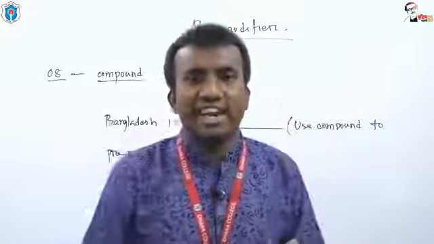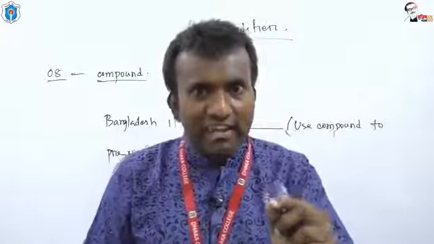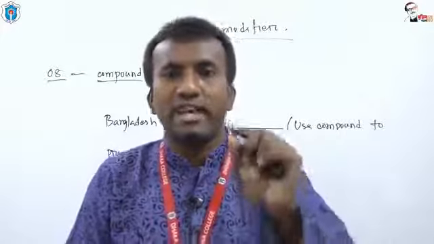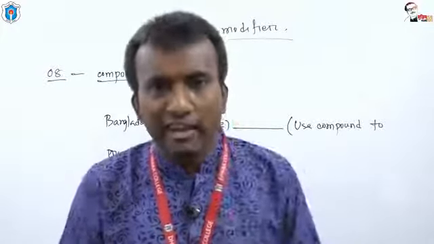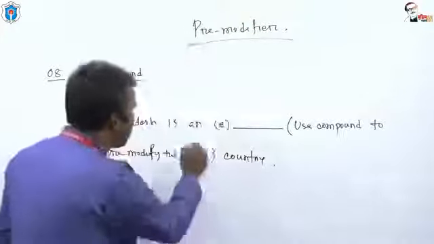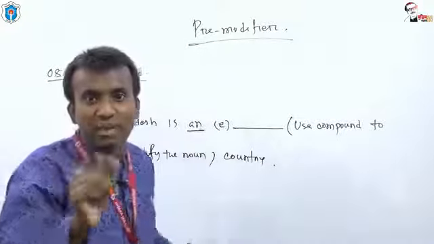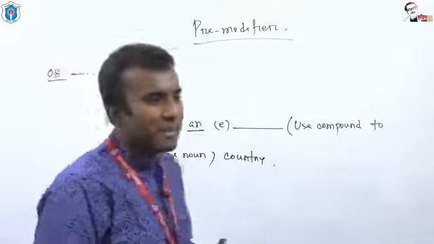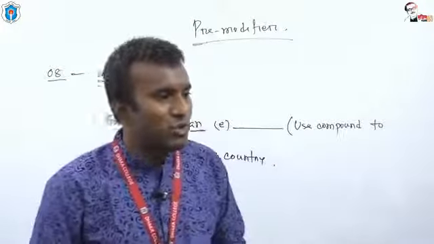Every answer is correct if you can conjunct two or more than two words with the help of hyphen. And look at this, it is an. You have to start with vowel sound. So what should be the answer?